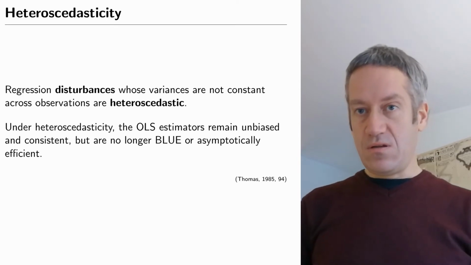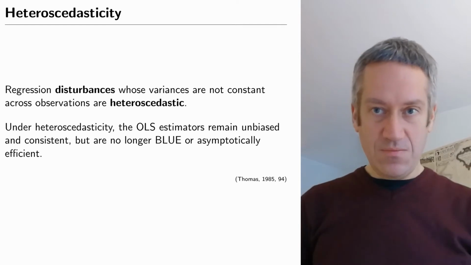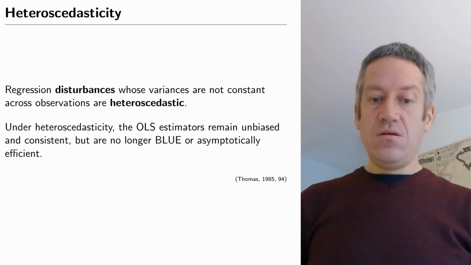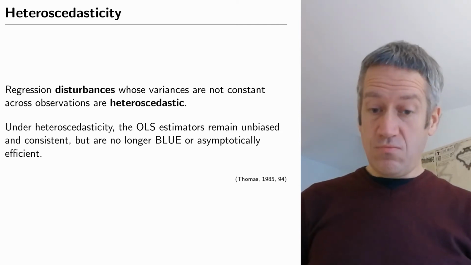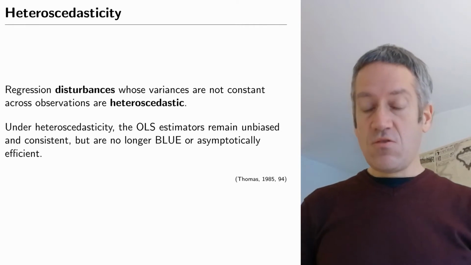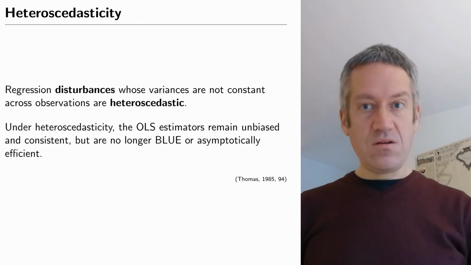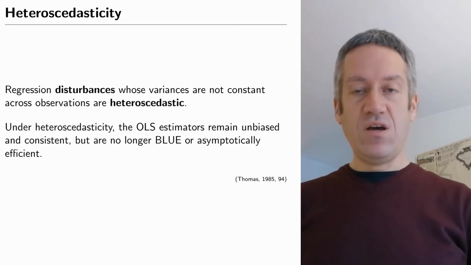The unbiasedness of beta hat, the OLS estimator of beta, is still intact, but it is no longer BLUE or asymptotically efficient. That means that among the linear unbiased estimators, OLS might not be the most efficient anymore. Right? That is what BLUE meant.